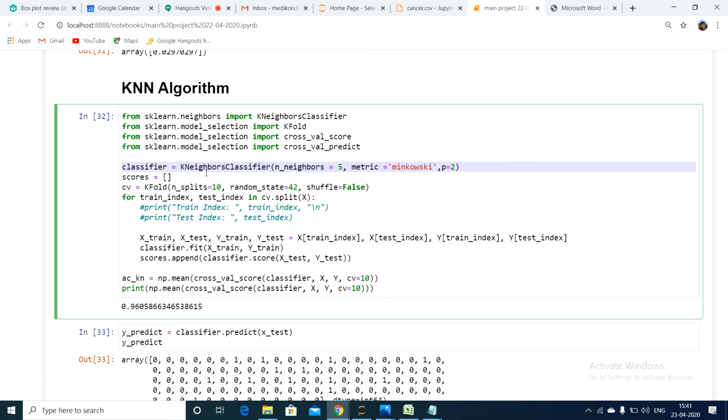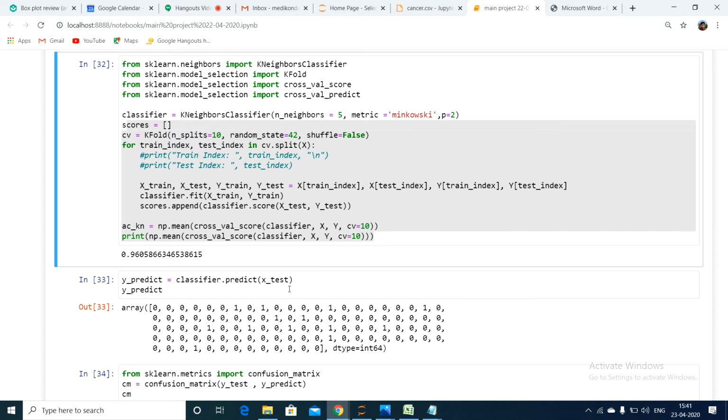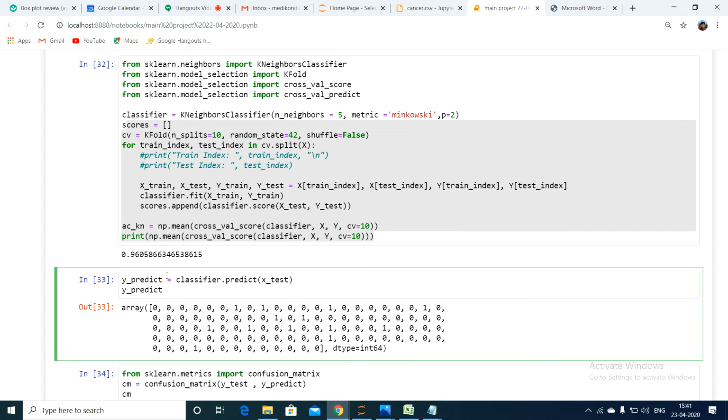This is our model. Now after calculating the accuracy using tenfold cross validation, we need to predict. Why predict? We have split our data into a 75 part and a 25 part, right? So how can we predict that? By taking the test data and predicting on it.